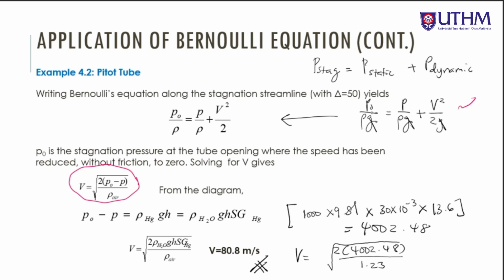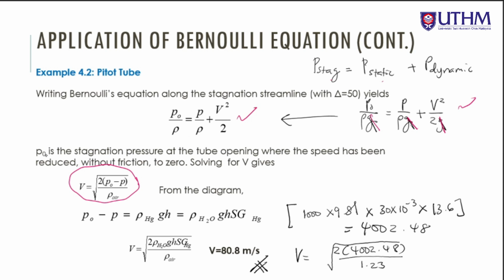We know P stagnation equals P static plus this P dynamic, and then P0 over rho g equals P over rho g plus V squared over 2g, and then we cancel out all the g and get this.